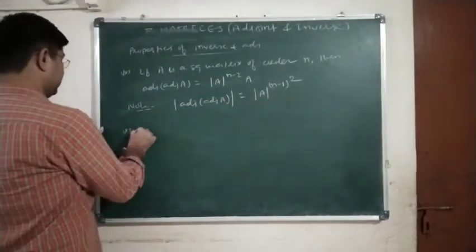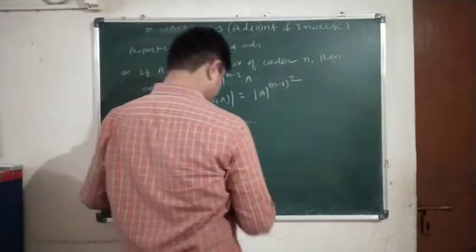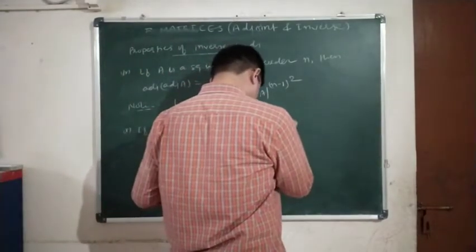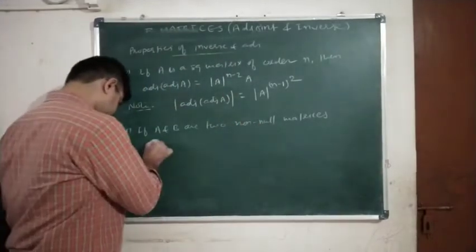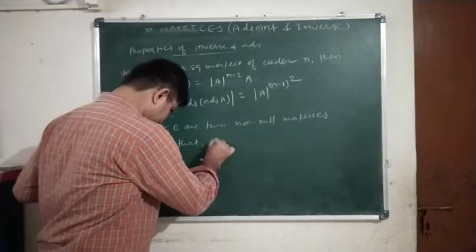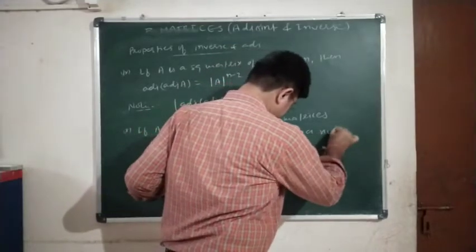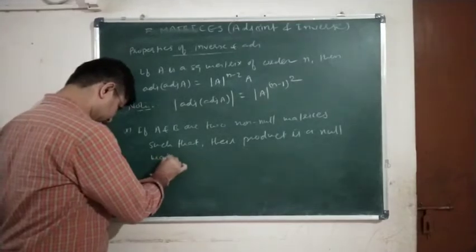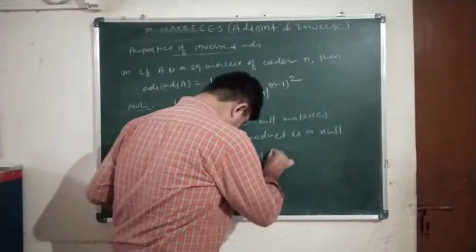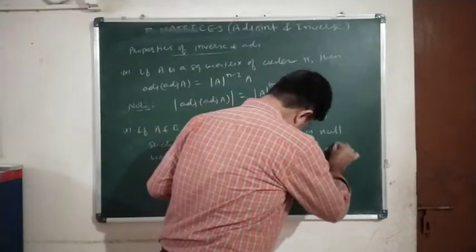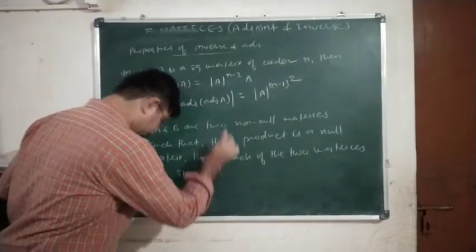Okay, property number 10: if A and B are two non-null matrices such that their product is a null matrix, then each of the two matrices is singular.